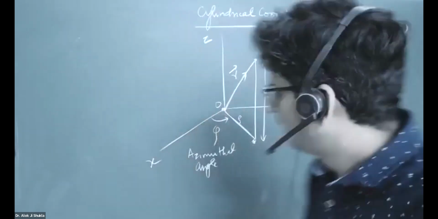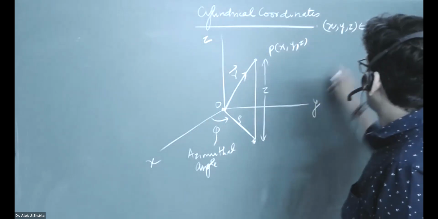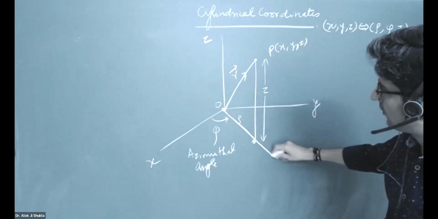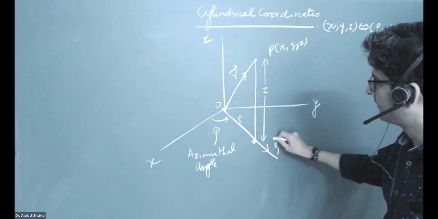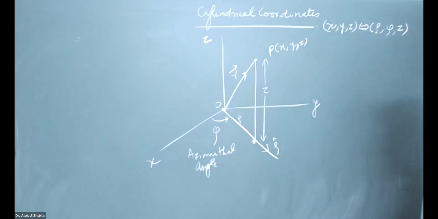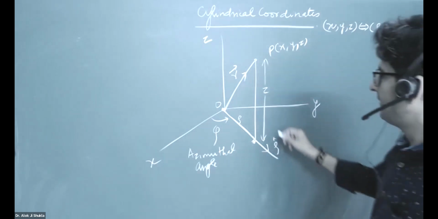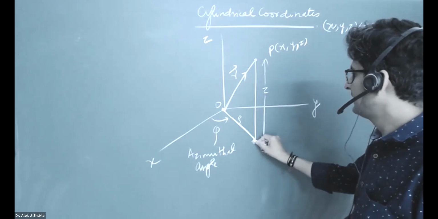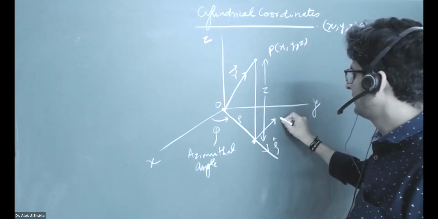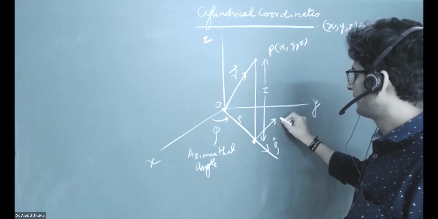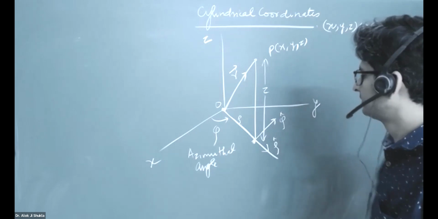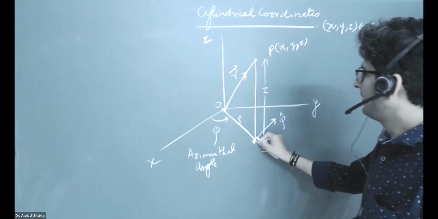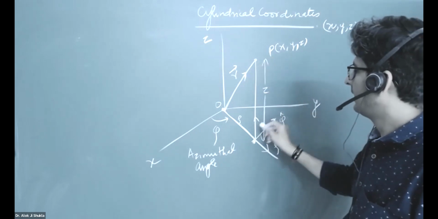Yes, sir. So rho will have a unit vector in the increasing direction of rho. This will be rho cap. Please see this. Phi will have a vector in the increasing direction of phi. So this will be phi cap. And z will have a vector that will be increasing here.